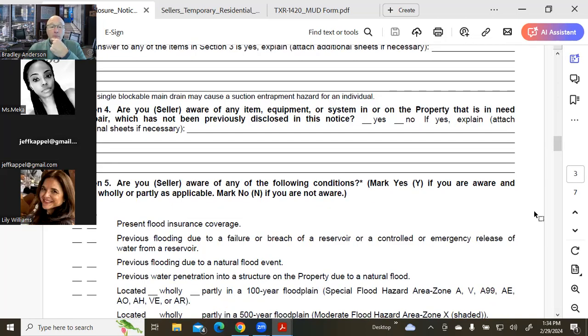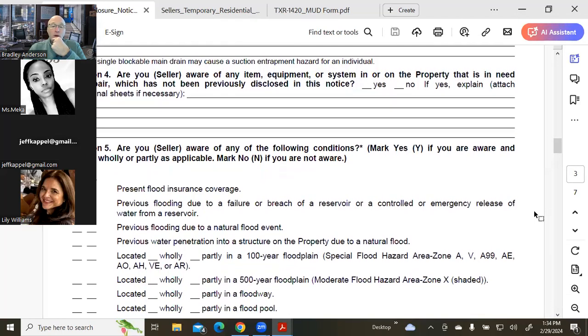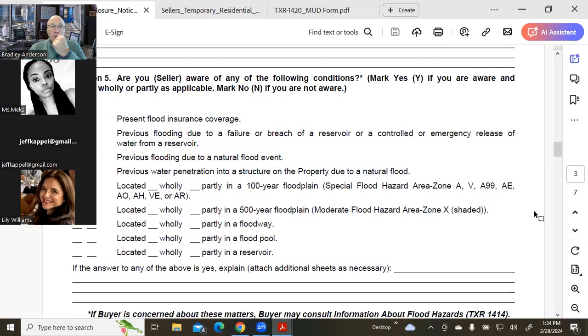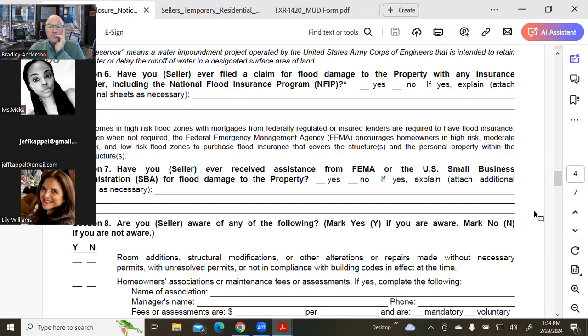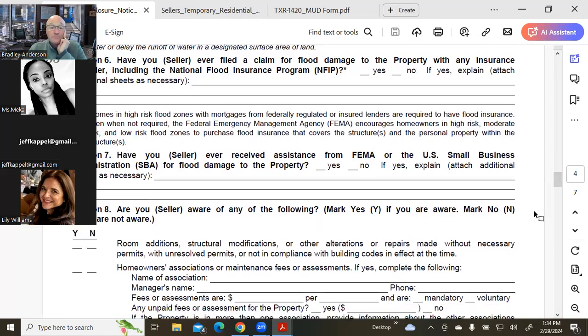Okay. And then section 5 is really all about, really as a result of Hurricane Harvey a few years back. It's everything to do with water damage, flood damage, being in a floodplain, all those things. Okay. And then have you received assistance from FEMA?